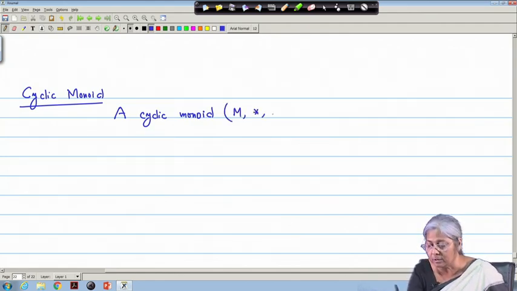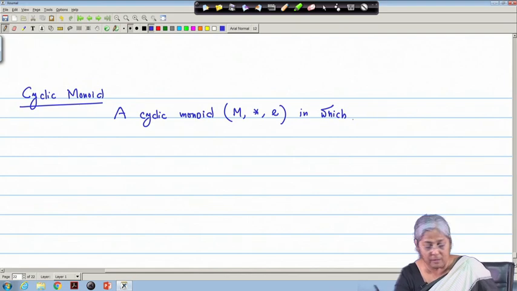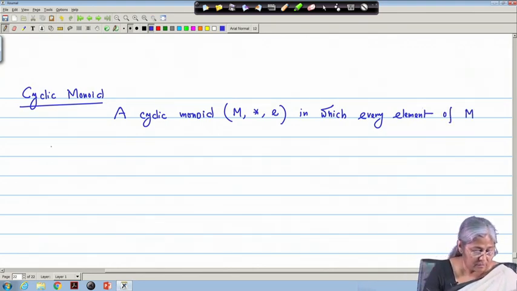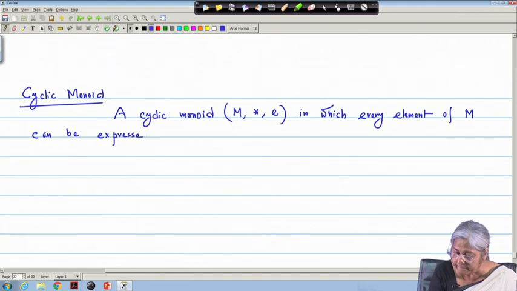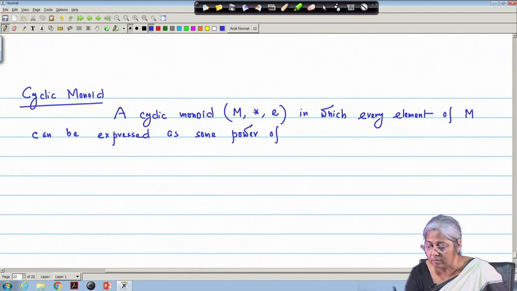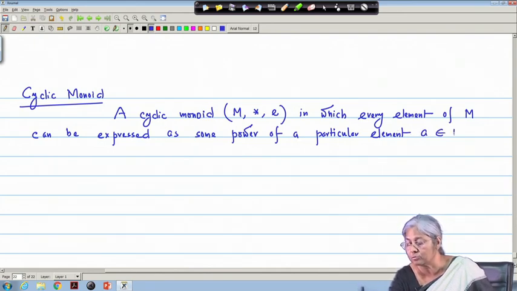So it is (M, *, e), in which every element of the set M can be expressed as some power of a particular element that belongs to M also. Obviously, the particular element a belongs to M.